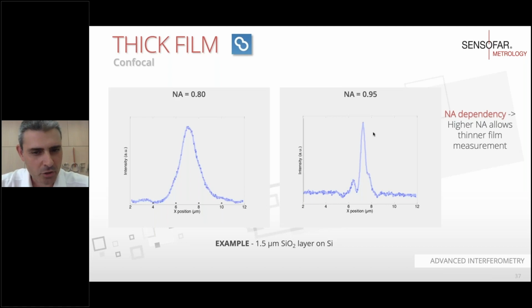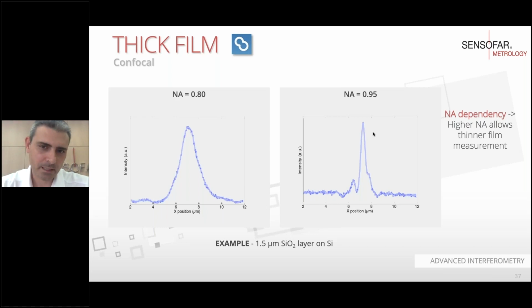And because of the numerical aperture, the axial response is wider or narrower. What we see here is that the signal on the left is not able to provide to us two separated peaks. So NA 0.8 is not able to measure this 1.5 micron layer.